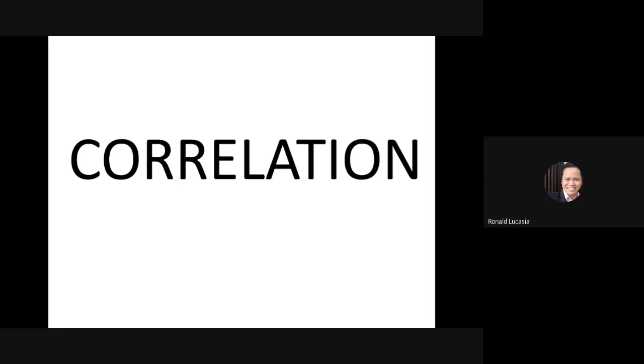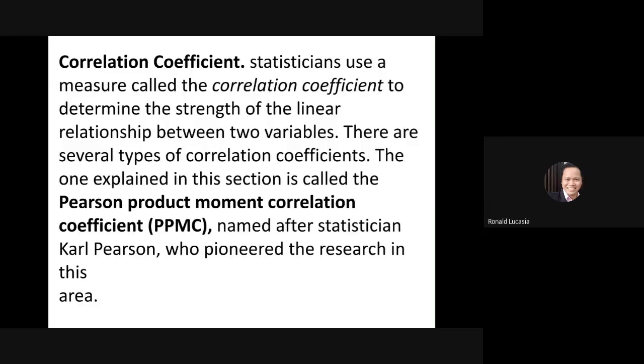Okay, so the correlation coefficient. Statisticians use a measure called the correlation coefficient to determine the strength of the linear relationship between two variables. There are several types of correlation coefficient.